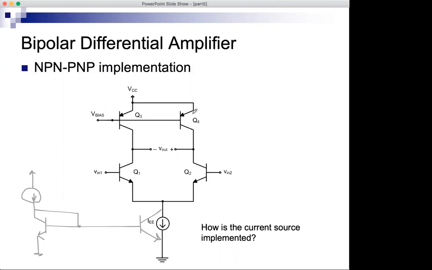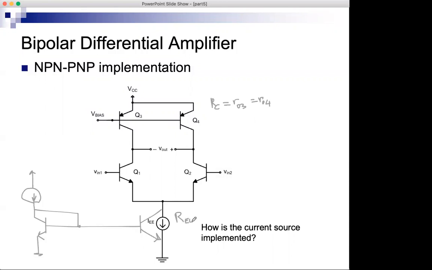Q3 and Q4, the small RO3 of Q3 and the small RO4 of Q4 are acting like the RC in this case. So in the previous formulas that we derived, what would be RC here? RC is small RO3 or RO4, equal to RO4 because they're supposed to be matched and biased at the same value of DC current. And what is REE?